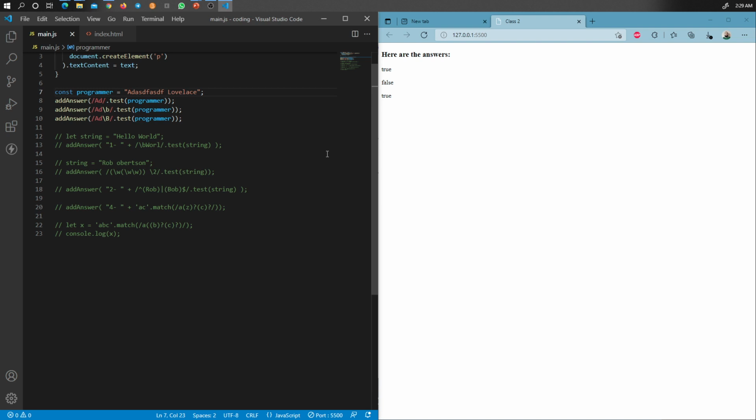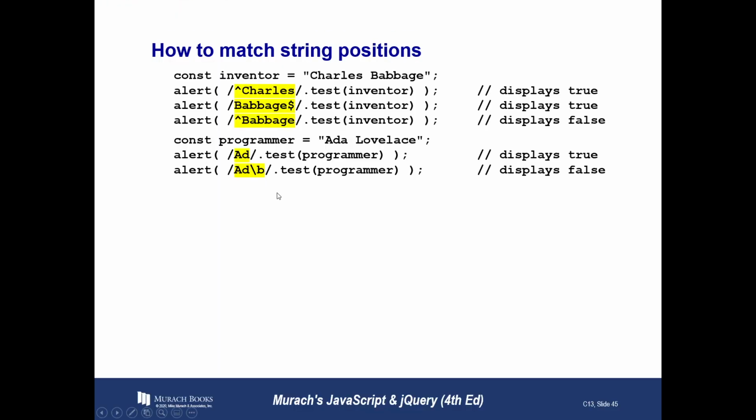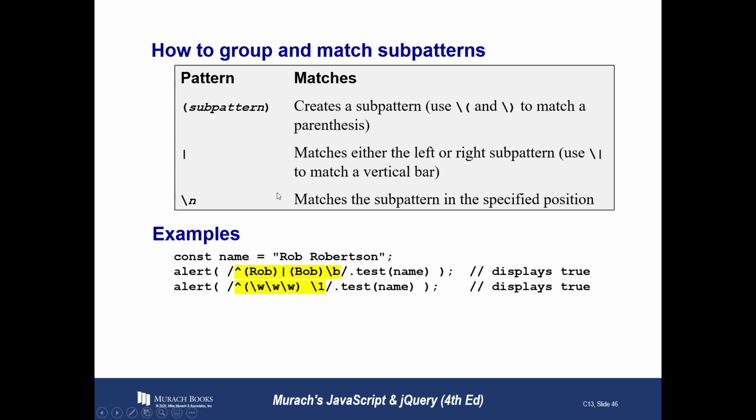All right, so I hope the B symbol is now clear. Now we have these sub patterns. We can group some patterns together. This is really very helpful.